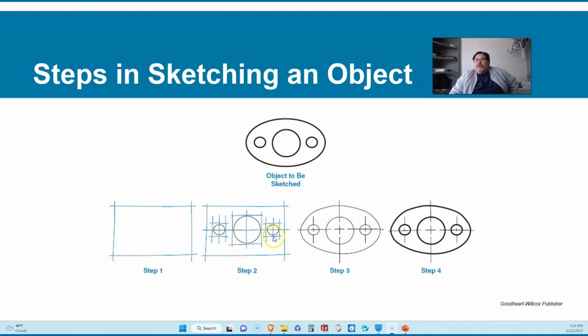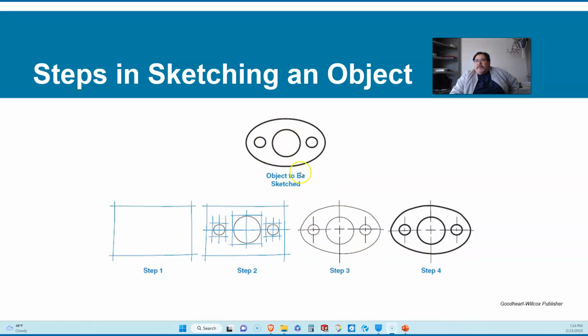So this is how you would do the finished product in 4, or the object to be sketched. You know, I see an object and now I want to trace it out onto a piece of paper so I can convey that idea back at the home shop.